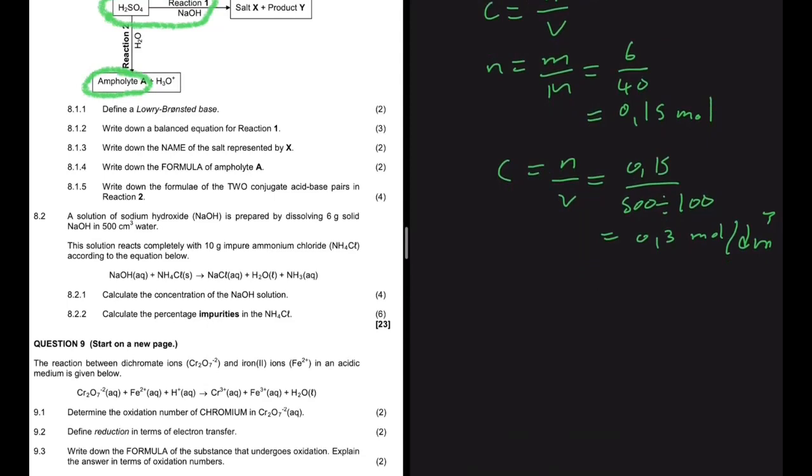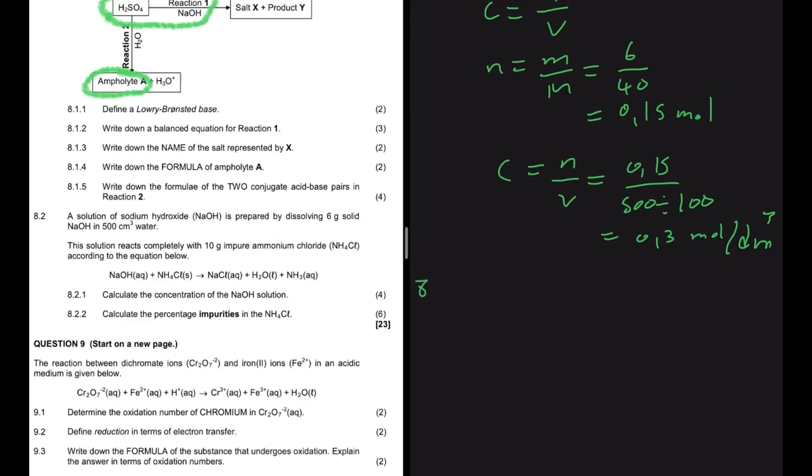And now we can move to the second question, which says let's calculate the percentage impurities in the NH4Cl. So let's break down percentage impurities. We usually calculate percentage purity, right? So I'm assuming that percentage purity plus percentage impurity should be equal to 100%, right? So we can basically find the percentage purity, and then from the percentage purity we're going to say 100 minus percentage purity is percentage impurity. Let me show you what I'm talking about.